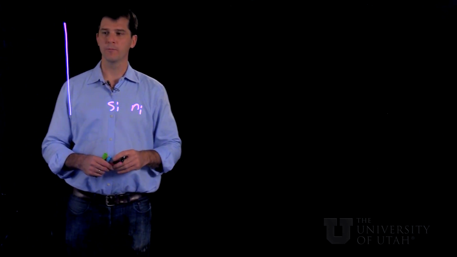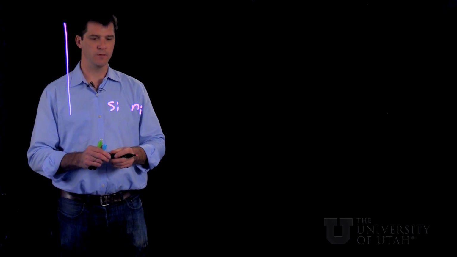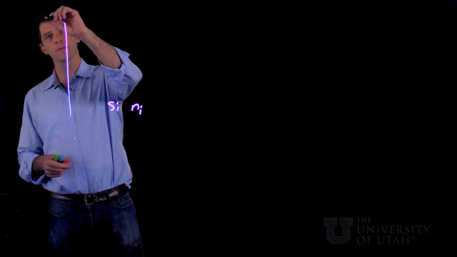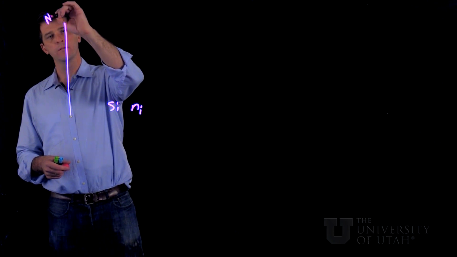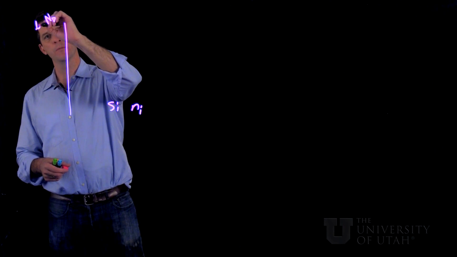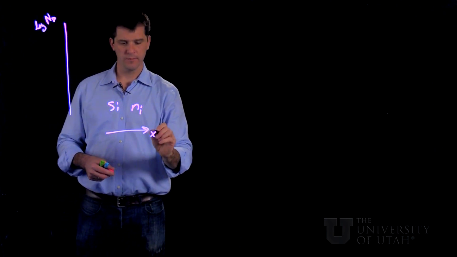also make it doped p-type or n-type at a certain level, and it wouldn't change the phenomenology. So we'll plot on this axis the number of donors per centimeter cubed versus distance.